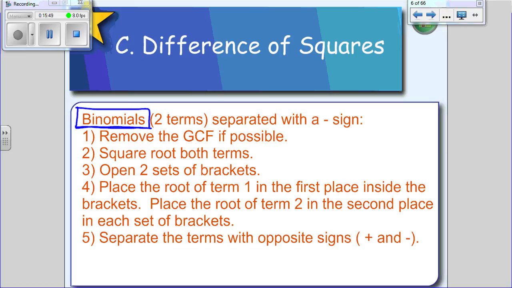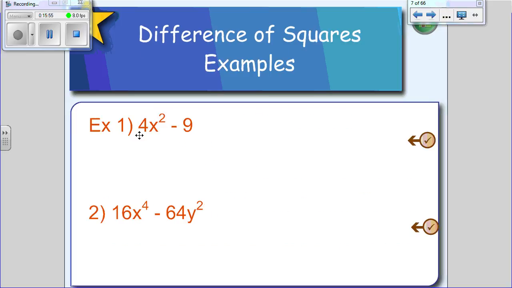What I'm going to do is show you a question, talk about it, and actually do it. So here's a question. It says factor it. You look at the question. You notice that it's a binomial. If it's a binomial, that means I need to check to see if I have a difference of squares. We're going to talk about that term for a second. The word difference in math means what?